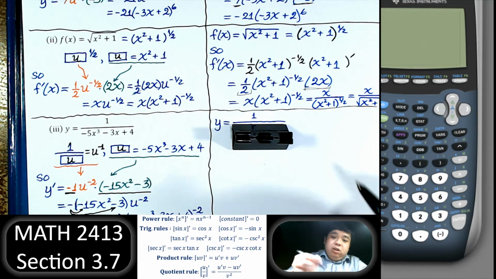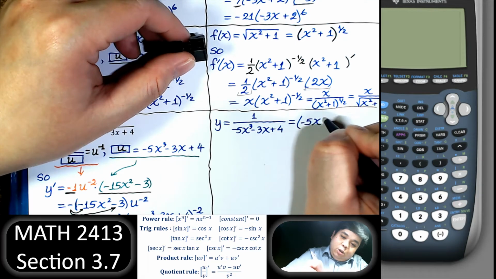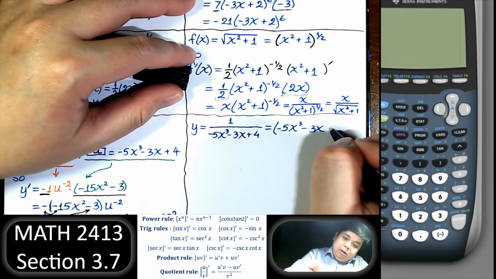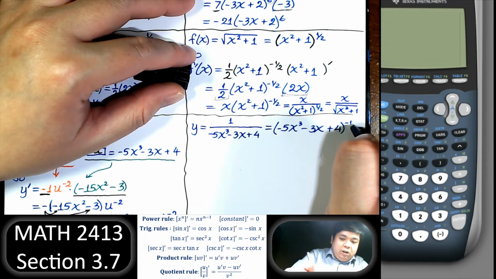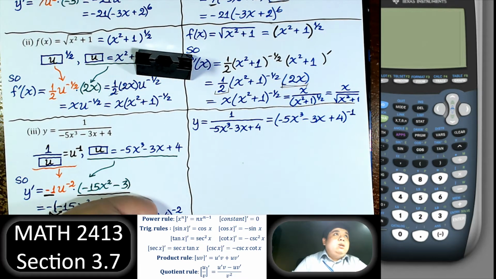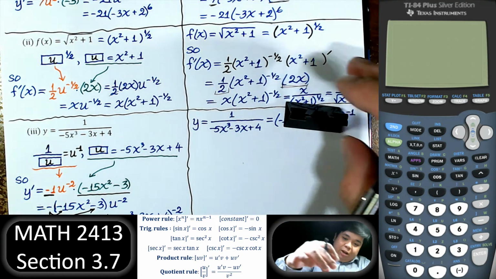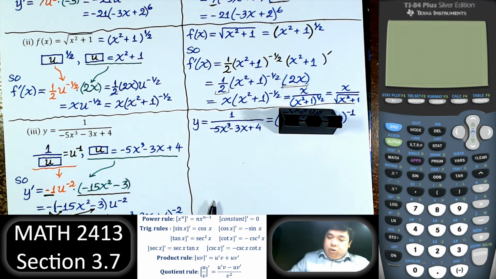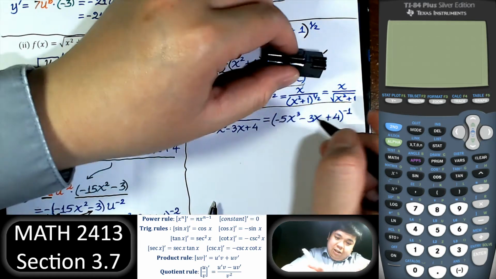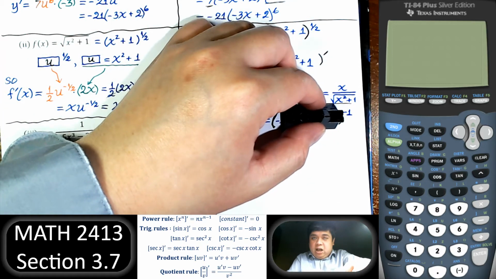But usually, if we have a reciprocal function, I prefer to write this as negative 5x cubed minus 3x plus 4 to the negative 1, because negative 1 is an easy power to take the derivative of for a reciprocal function. Right. Now, what's inside is not important. Just have parentheses. Yeah. Inside is a function of x.